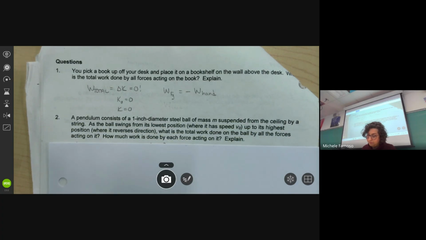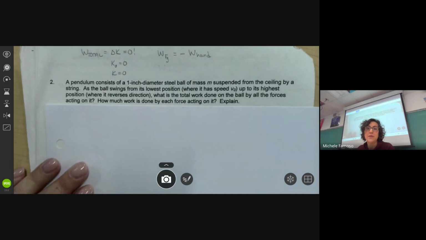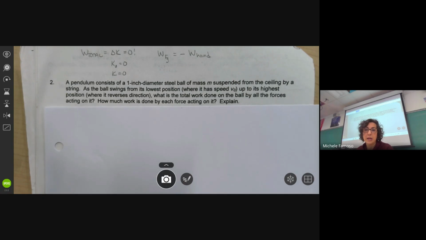Number 2. A pendulum consists of a 1-inch diameter steel ball with a mass of M, which is suspended from the ceiling by a string. As the ball swings from its lowest position, where it has a speed of v0, up to its highest position, where it reverses direction, what is the total work done on the ball by all the forces acting on it? So let's start with that. How much work is done from the lowest point to its highest point?